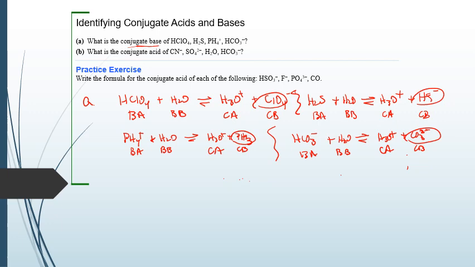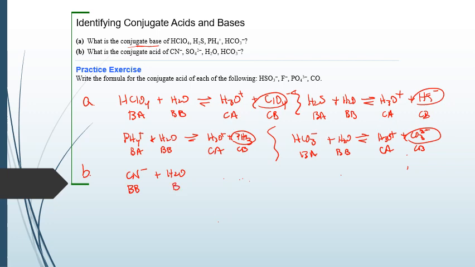Okay, so now as we go through the next set of example problems here, we can look at it in the same type of format, except this time we're solving for the conjugate acid. So now when I set this up, I have my CN-, I have H2O. So we have a little bit different scenario with these first couple of problems, because if you notice, I have no hydrogens on this initial substance, the CN- in this case, so I know it has no choice but to be the Bronsted base.